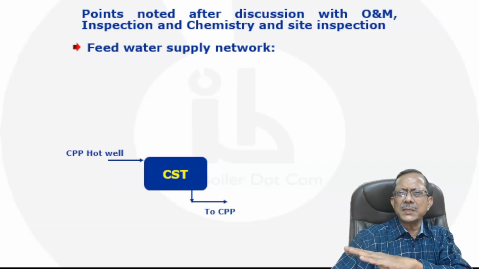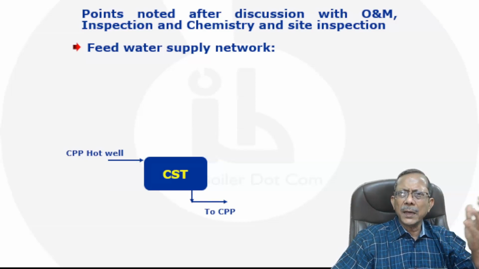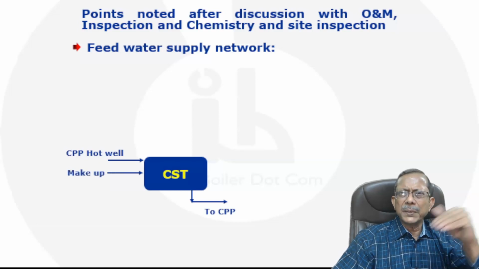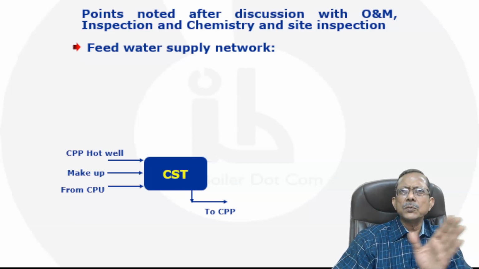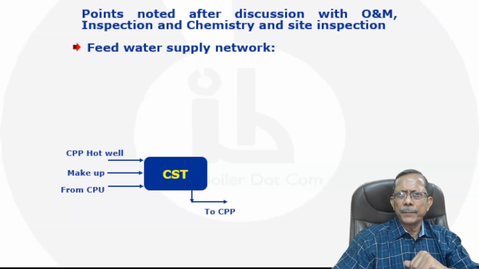And since it's stainless steel metallurgy, that is not a problem. Then they are getting makeup in the CST from the DM plant, and they are getting some water from the process which they call the suspect condensate, and the suspect condensate always comes through a condensate polishing unit, so it is getting treated.